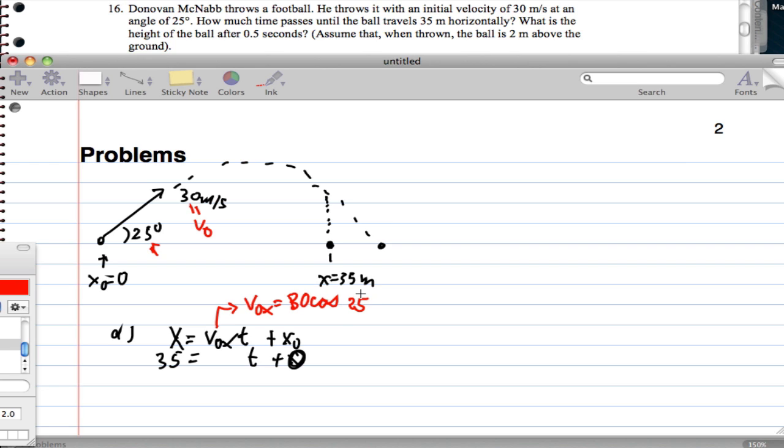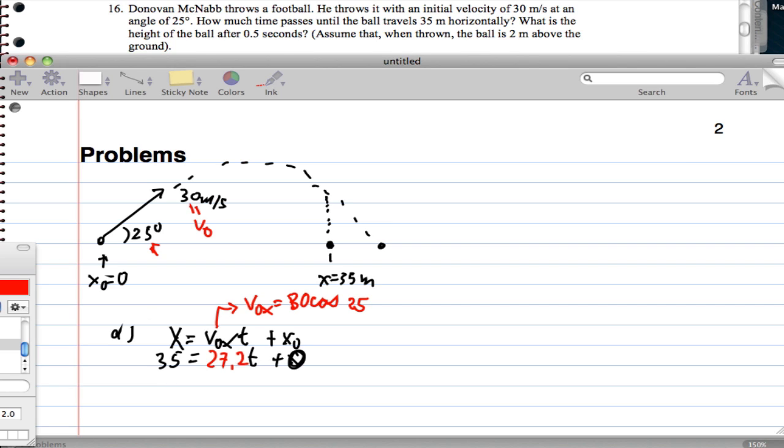So we need to calculate that right now. We take 30 times the cosine of 25, and we end up getting 27.2 for v naught x.